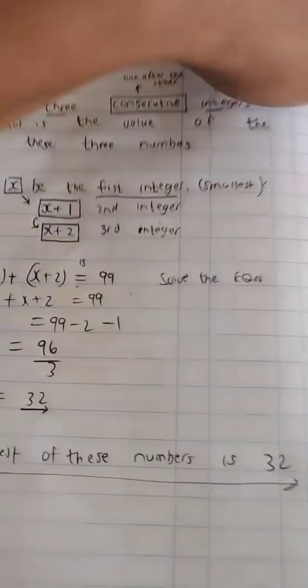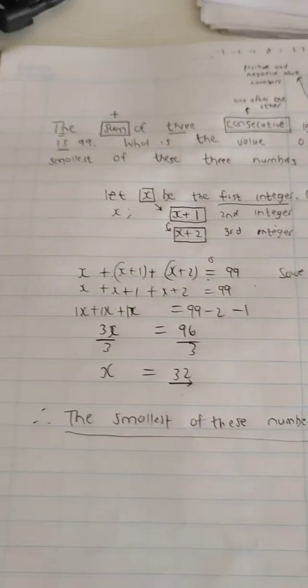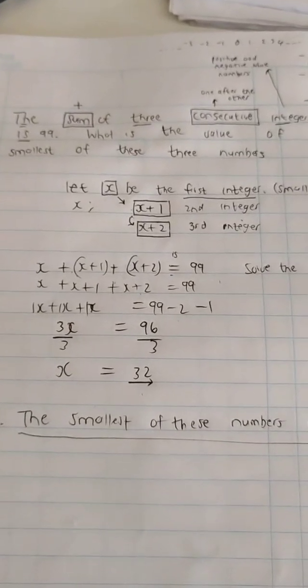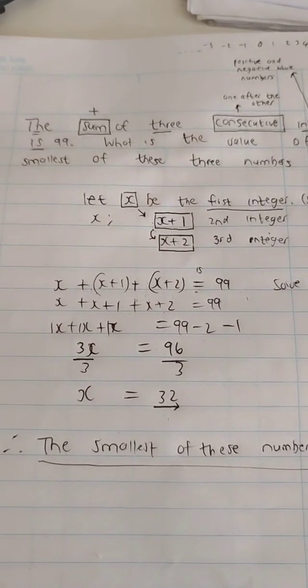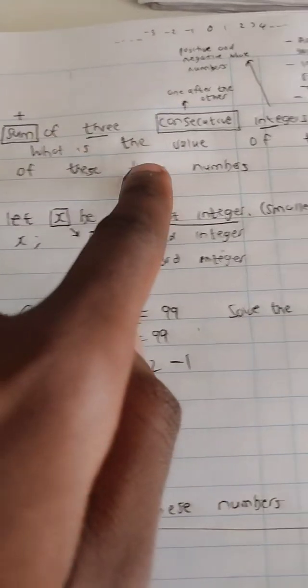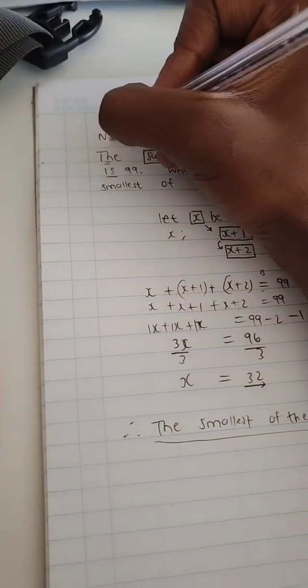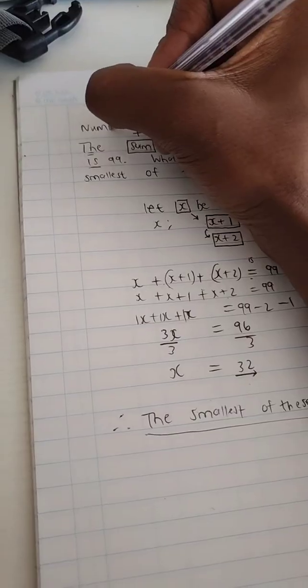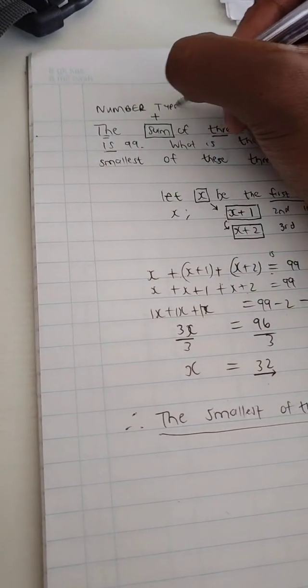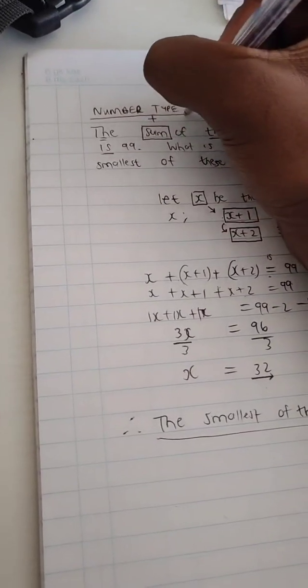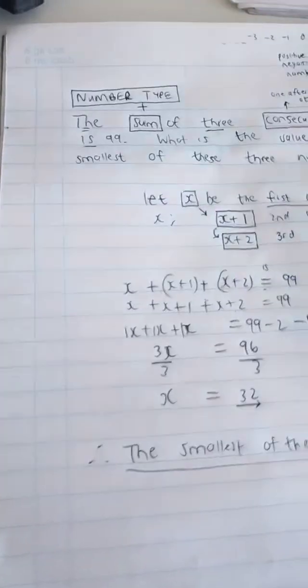Okay, let's look at another problem, because in word problems, guys, both grade 10 and 11, your word problems do contain your number type of problems. So we call these your number type. This has to do with your numbers, integers, real numbers, basically your number system.